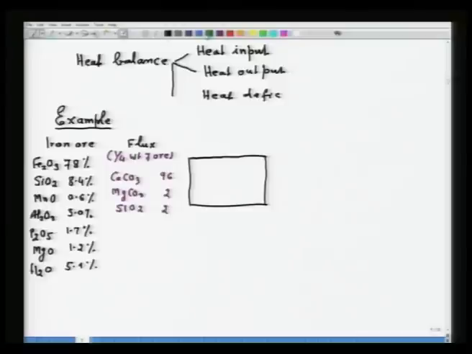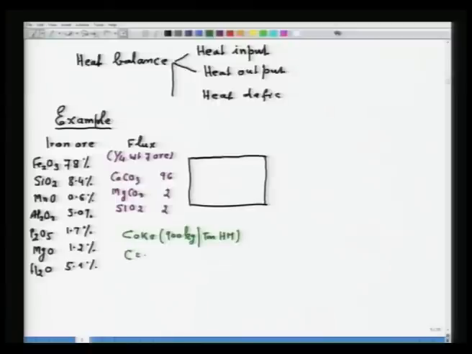Then coke is charged, 900 kg per ton of hot metal.